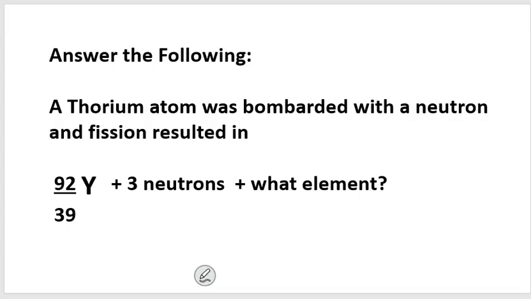Welcome back. Did you solve it? Were you able to look at your periodic table and come up with the inputs and outputs so that you have the total atomic mass units going in equals the total atomic mass units going out? Let's check. Check your work with this and see how you did. Thorium. I'm going to go to the periodic table, and I'm going to find thorium here.